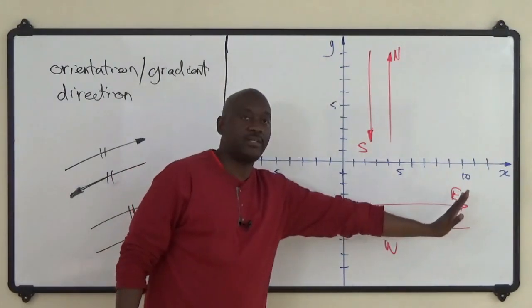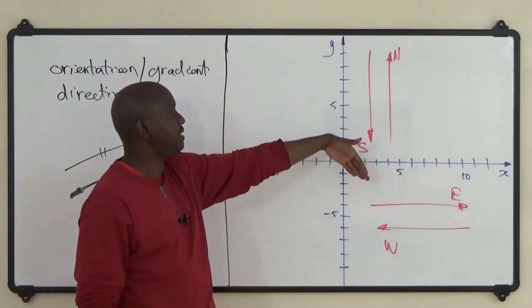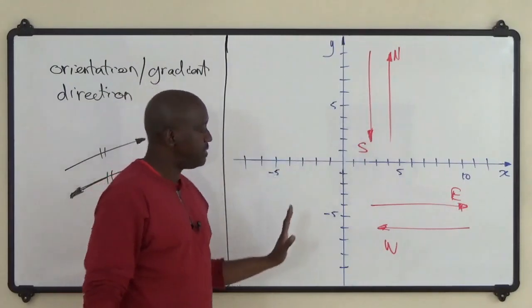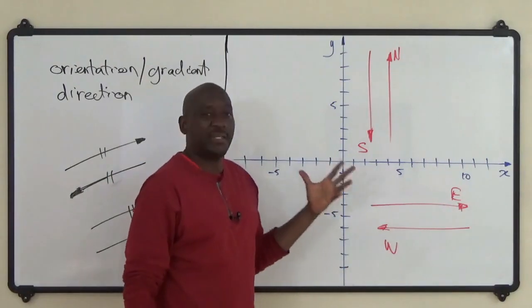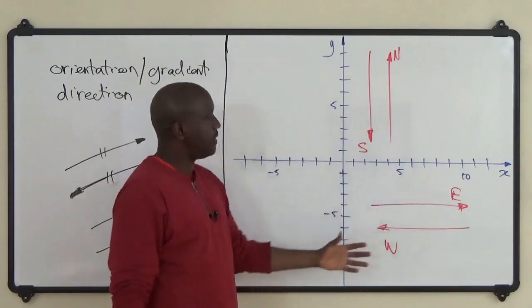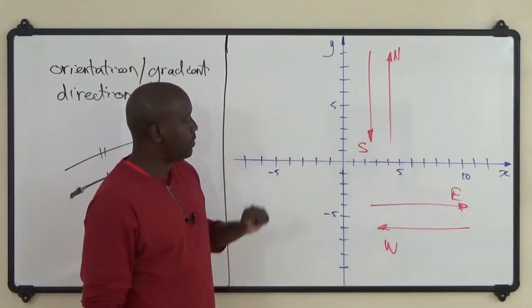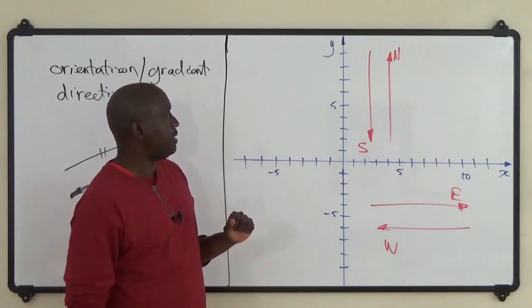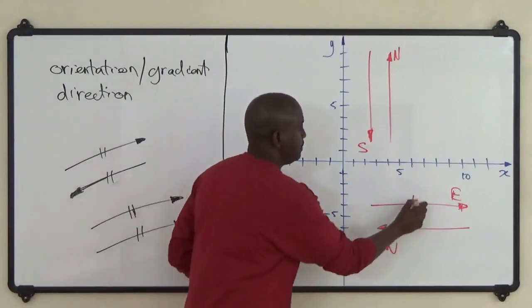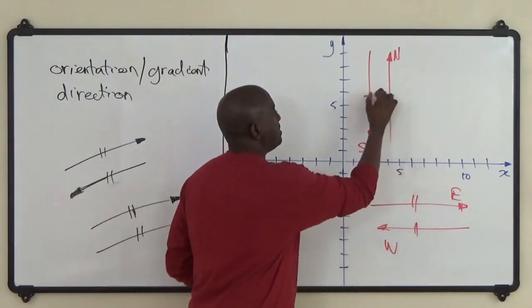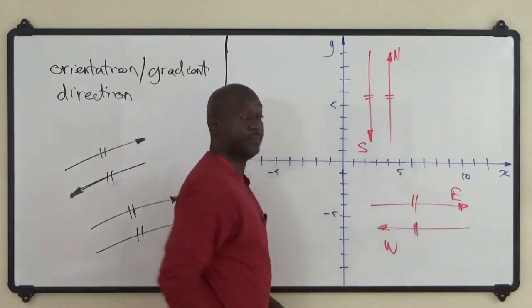In this case, the gradient is 0. In this case, the gradient is infinity. So we could talk about orientation in terms of general language, or we could talk about gradient in terms of specific language that is specific to coordinate geometry. Of course, these two vectors are parallel to each other, and these two vectors are also parallel to each other.